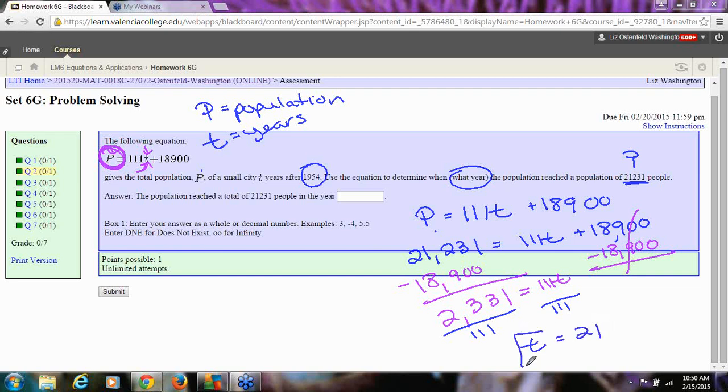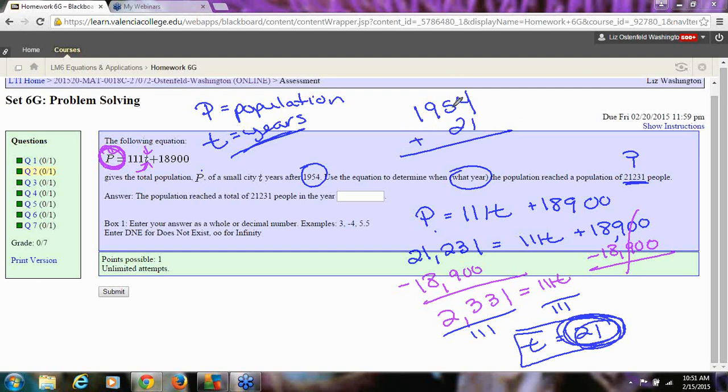Now, here's the thing. I'm not going to say in year 21, right? This is the part that probably confuses people, because T stands for years, but T stands for years after 1954. So this is 21 years after 1954.